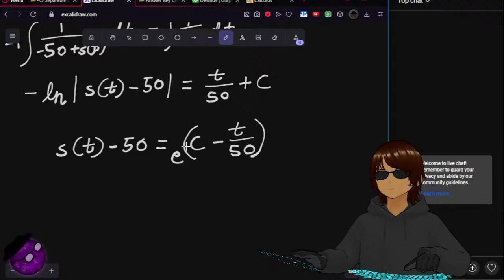Now since we don't know C is plus or minus, we can remove the modulus.